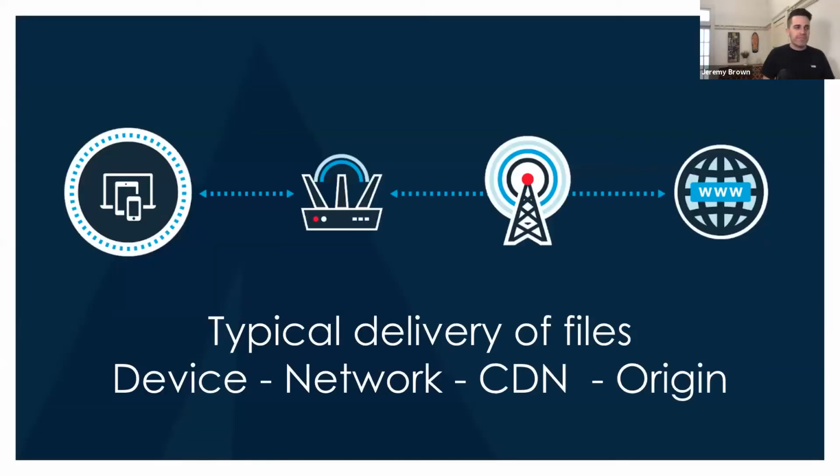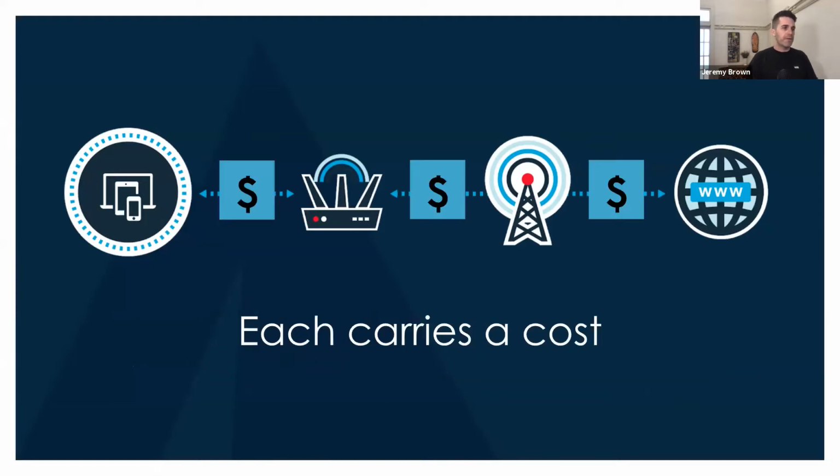So the typical delivery of any video looks pretty much the same as what you would do for anything else. You've got a device pulling off you through its network off a CDN. And you've got an origin where you try and create static assets to deliver out on. And each of those carries a cost.